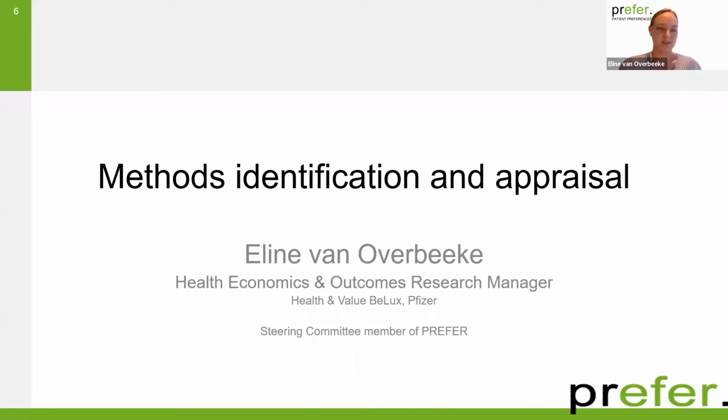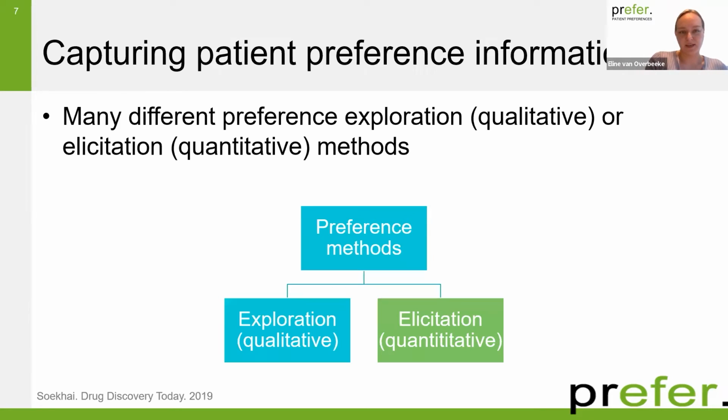So let's start with the first section, methods identification and appraisal. A very general introduction is maybe needed first: patient preferences can be obtained by using different exploration or qualitative methods and different elicitation or quantitative methods.